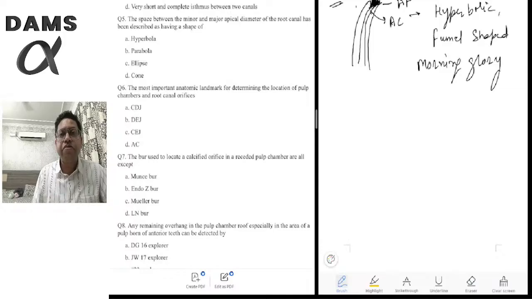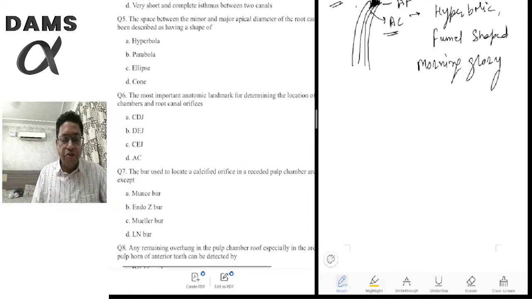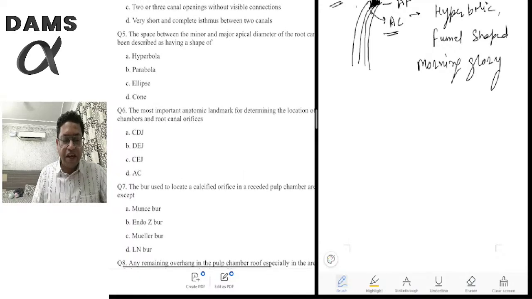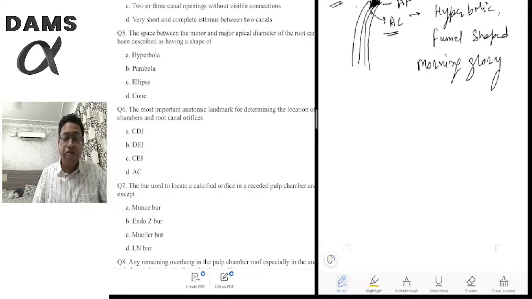So these are the 3 terms which are used to define the shape of space that exists between the apical constriction and the apical foramen. So if we look at the options given in question number 5, hyperbola, parabola, ellipse, or cone, the correct answer would be option A, shape of hyperbola.